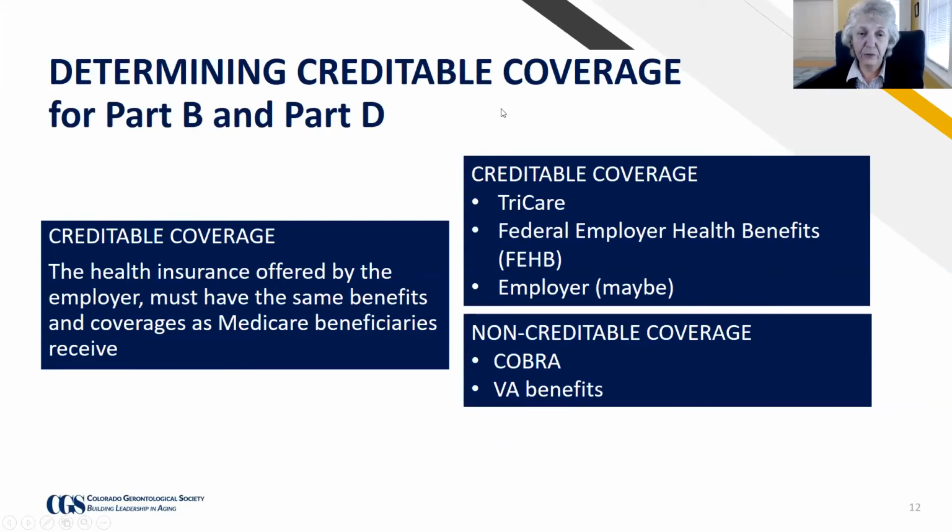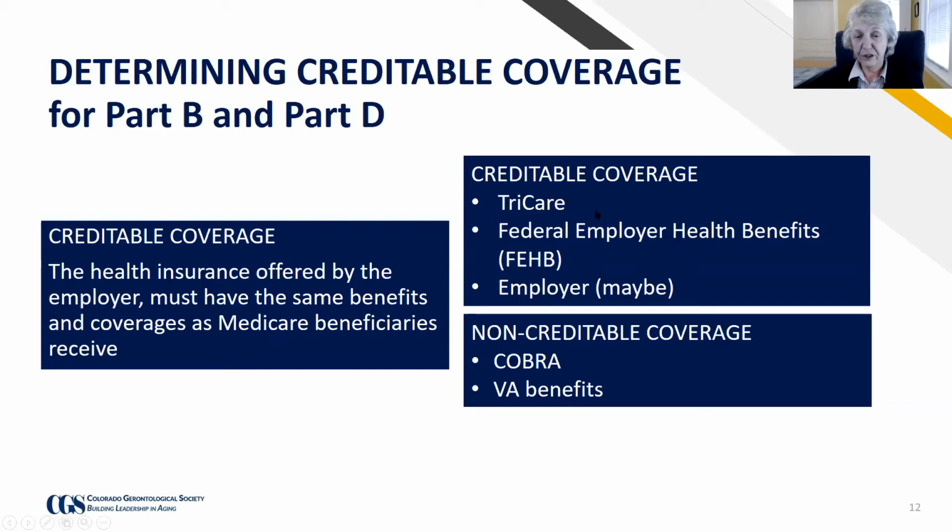So how do we determine credible coverage? This is probably one of the most important things, especially if we are deferring coverage or benefits to a special enrollment period. Credible coverage is known as the health insurance that you have, usually offered by an employer, must have the same benefits and coverages or better that Medicare currently offers to their beneficiary.